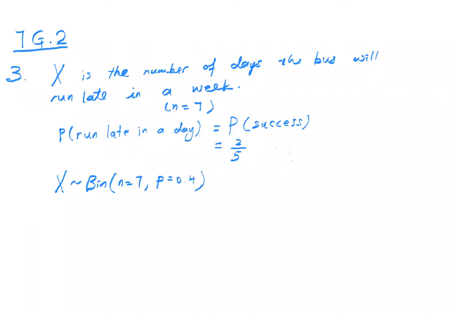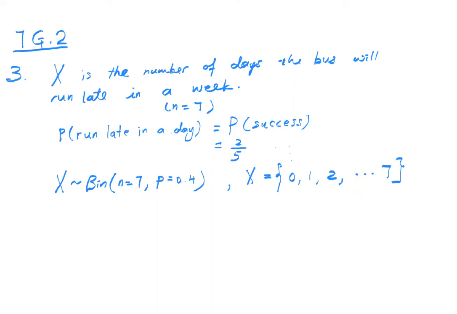Got it? After we have got this, we also have to tell ourselves the possible values for x, correct? That should be your habit: 0, 1, 2, until 7. What does it mean if I say x is equal to 0? That means none of the days in the week, the bus will be late.